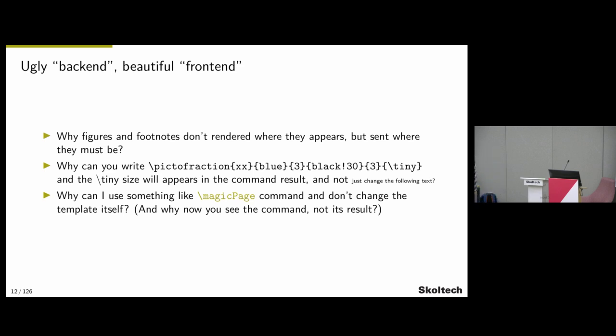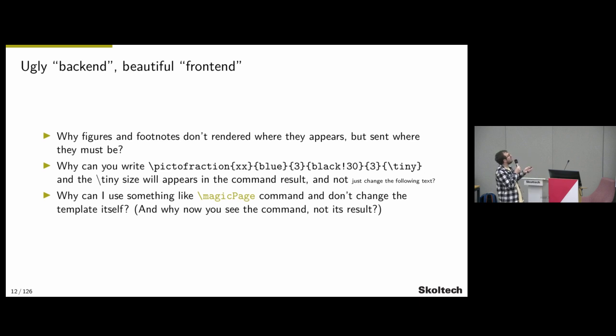TeX has lots of things that you can do. For example, in the last lecture, you noticed this command, picture fraction. It was in the exercise. And in picture fraction, you have a font, for example, tiny or normal size or so on. A question: why in the hell does TeX not make this font a running command, but just apply it in the place where it is?